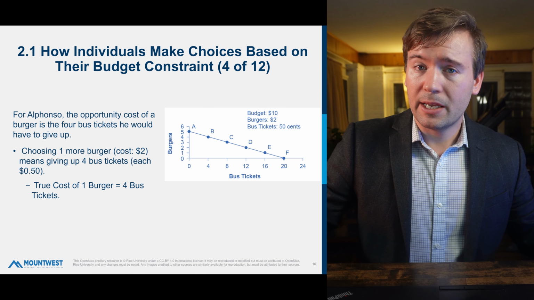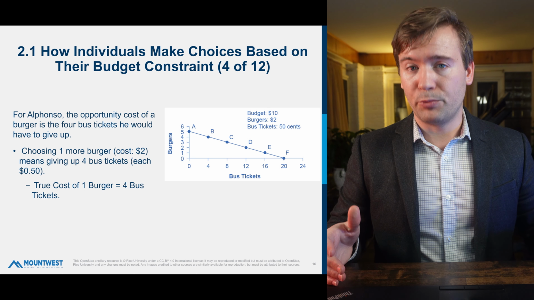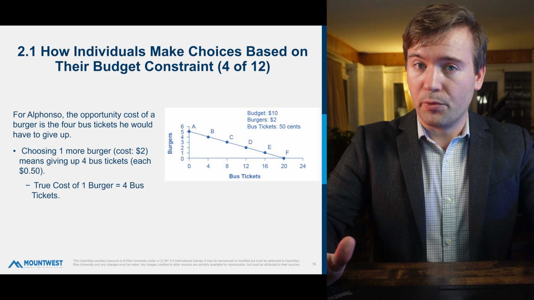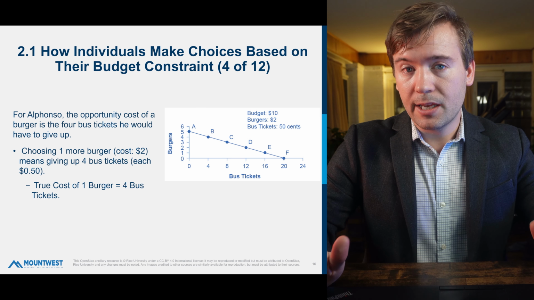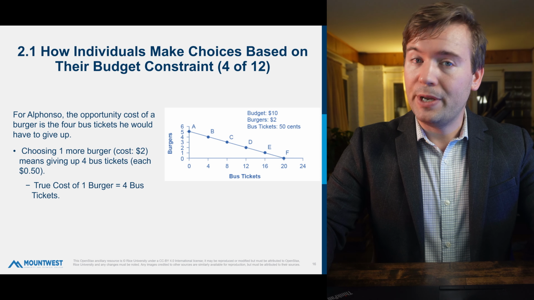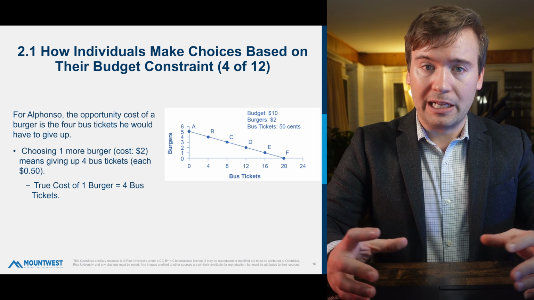All right, so let's make it a little bit more concrete. Choosing one more burger, which costs $2, means giving up 4 bus tickets, each of which costs 50 cents. So the true cost of one burger, we can say, is 4 bus tickets. Now, we can think of this as an exchange. The budget constraint shows how we can exchange one good for another within our available budget.